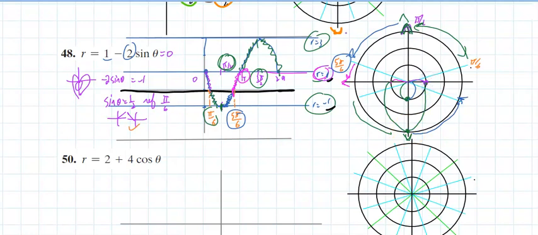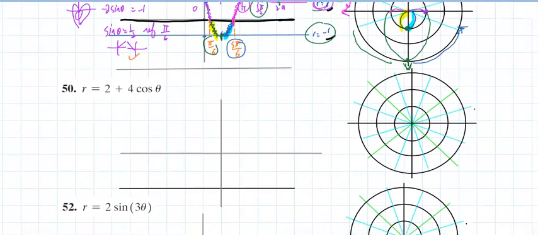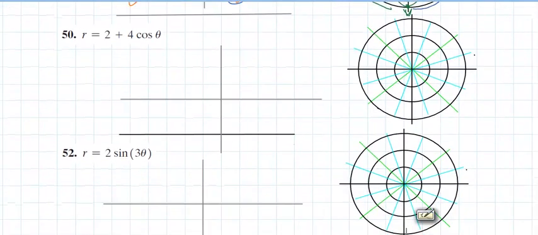What's crucial to know is that this loop starts at pi over 6 and terminates at 5 pi over 6. That turns out to be the most crucial part for us. Same deal with this problem.